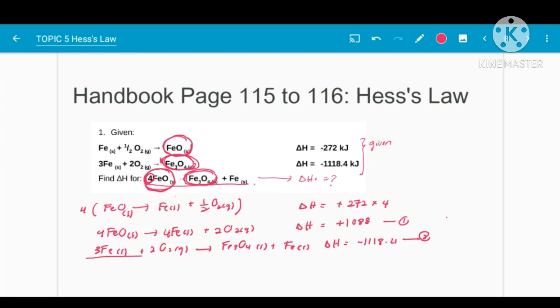Now what we have to do is add both chemical equations, and we can cancel out any reactants and products that are the same. For example, Fe3O4 can be cancelled out, and oxygen we can cancel out.